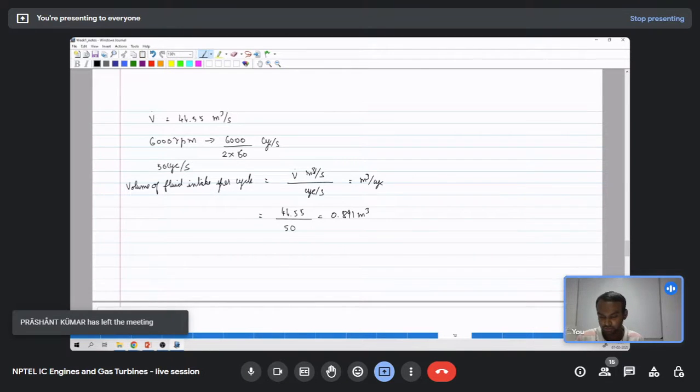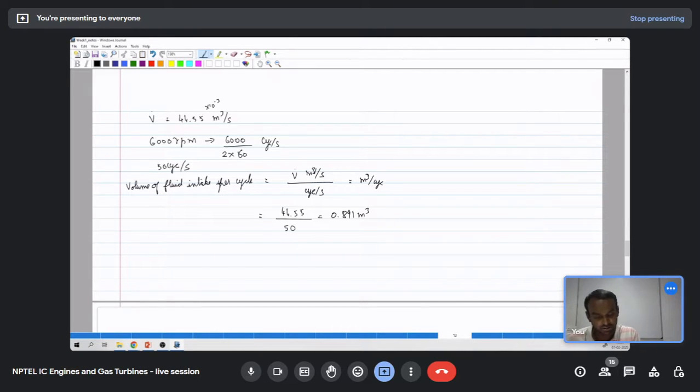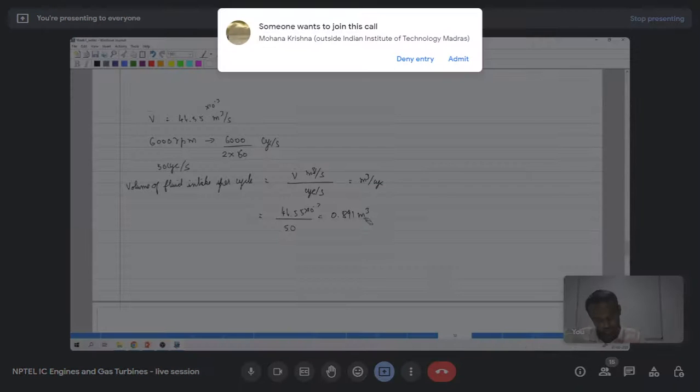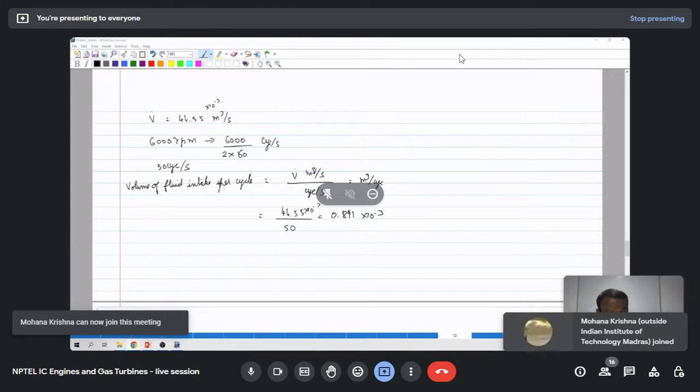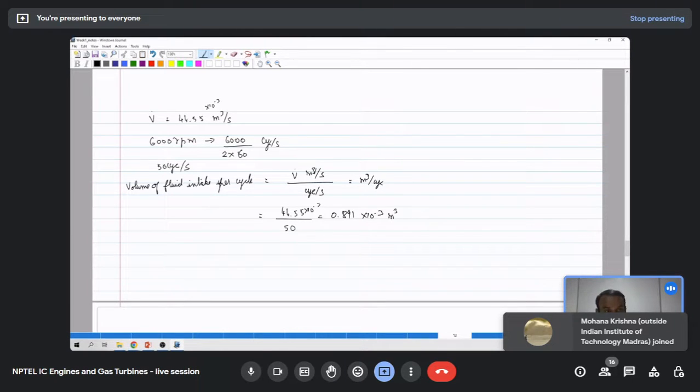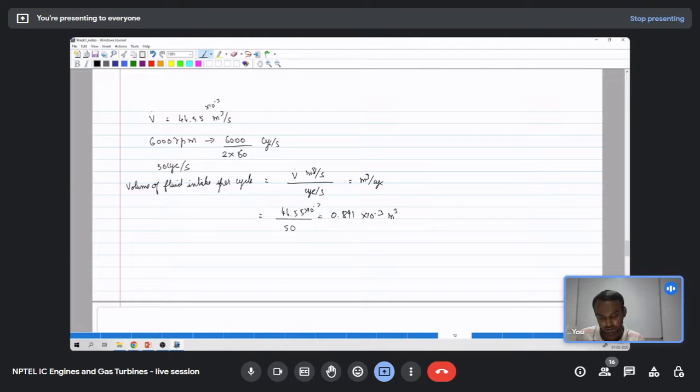How did you get 10 power minus 3? Okay, yeah, here we had 10 power minus 3. Sorry, I missed it. So this is the meter cube fluid that has to go into the cylinder for every cycle.